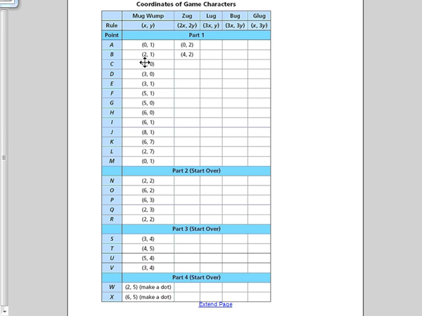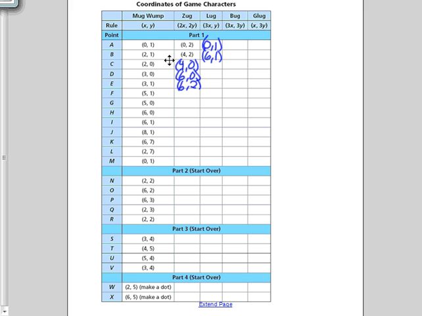Going on to the next one, we're multiplying 2 times x and 2 times y. We take 2 times 2 and 1 times 2, and that gives us (4, 2). Going on to C. Again, 2x, 2y, so that means 2 times 2, 0 times 2. That should be (4, 0).